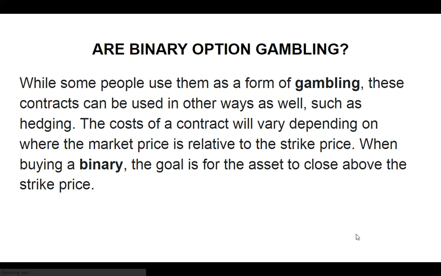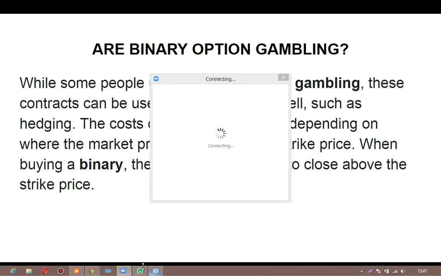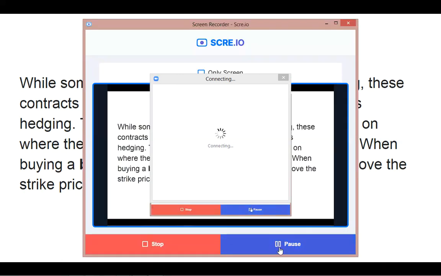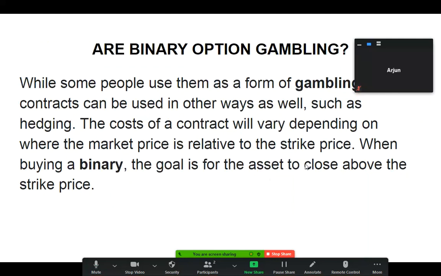What they reply is that it is not a gambling platform. So the question is why some people use them as a form of gambling.